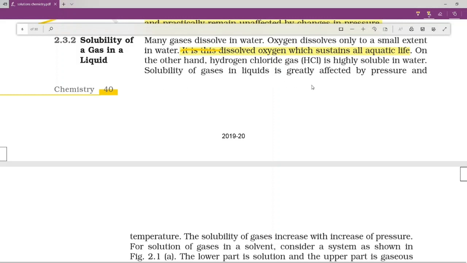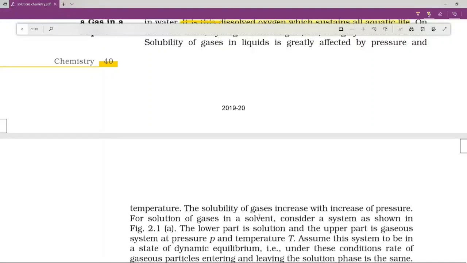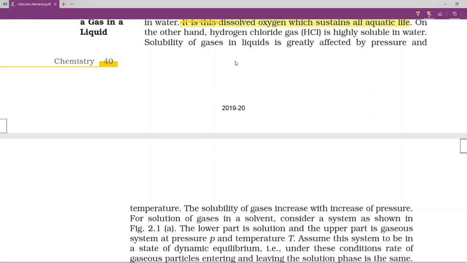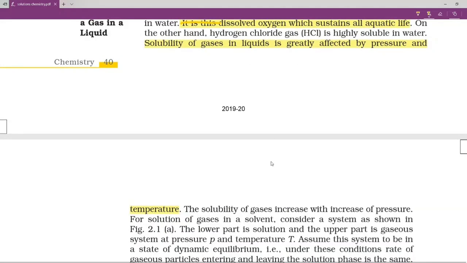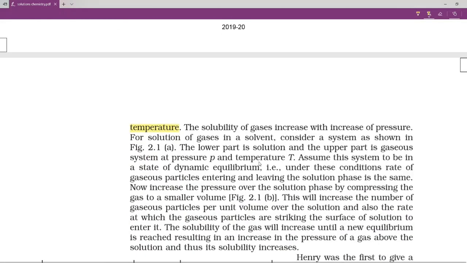Solubility of a gas is greatly affected by pressure and temperature. So here you can see one of the important lines written: the solubility of gases in liquid is greatly affected by pressure and temperature.